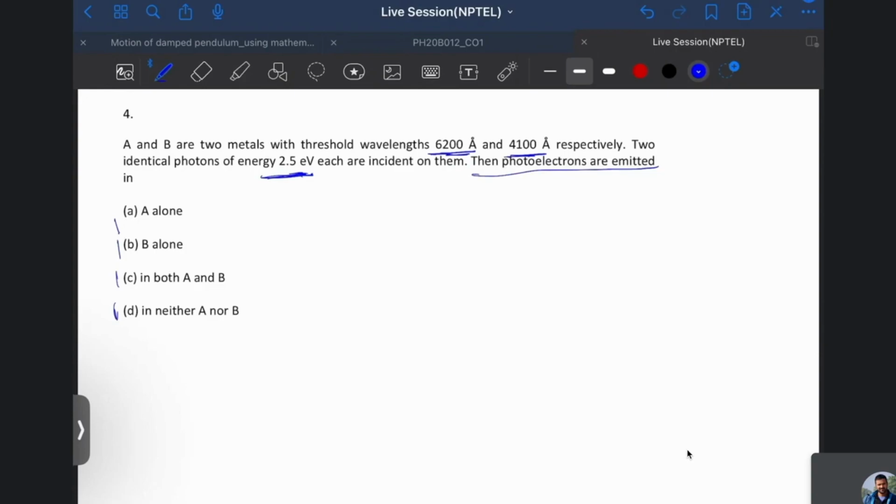So how to go about solving this? Anyone? Any idea? So first of all, let's calculate the work function. You know that work function is h nu naught, or hc by lambda naught, and lambda naught is the threshold wavelength which is given here.